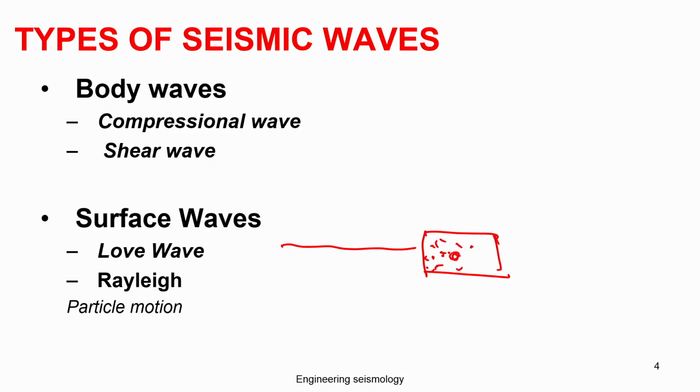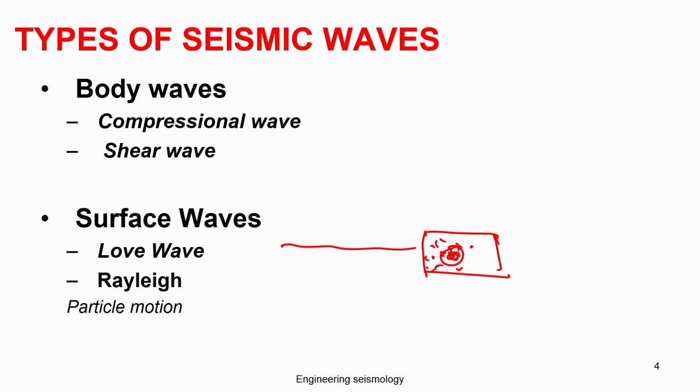How each individual particle responds to a wave is used to define the wave type. The body wave has two major categories, the compressional wave and the shear wave. The surface wave has two categories, the Love wave and the Rayleigh wave.